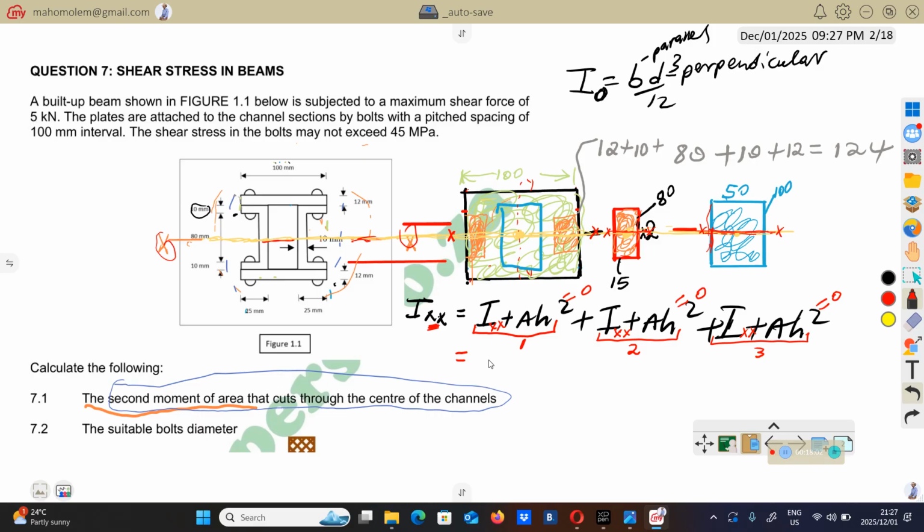So now number 1, box number 1, this black one. We're looking for IXX.